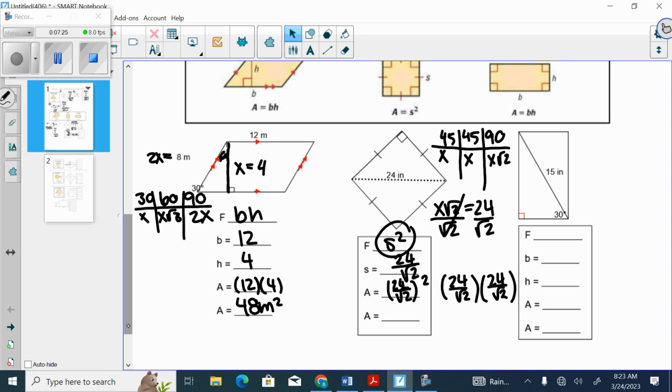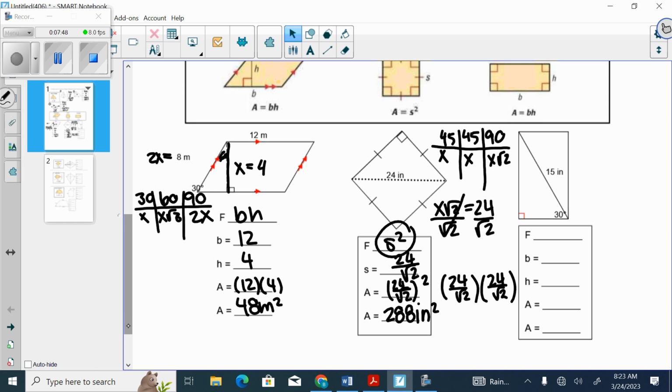What is square root of 2 times square root of 2? 2. So whatever I get when I multiply the top, I'm just going to end up dividing by 2. Okay? So what are we going to get there? Right. 576 over 2, which is going to give us 288 inches squared.